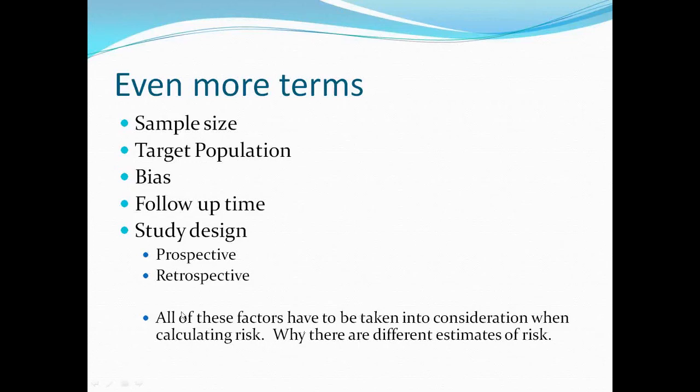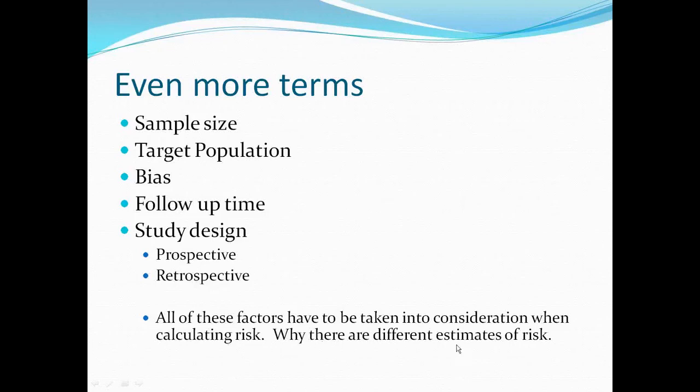And so I mention all these statistical terms because it's important that you take all of these factors into consideration when calculating risk. And so every study is different. Every study has a different sample size. There may be some bias involved. It's often difficult to avoid bias. Studies have different follow-up times and definitely different study designs.